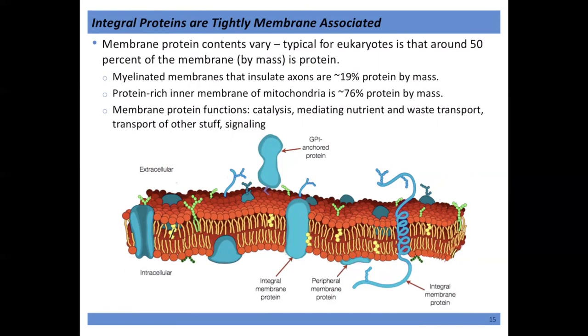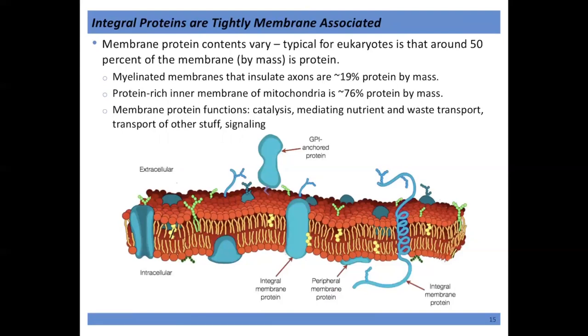But membrane protein content can vary. So typical for eukaryotes is around 50% of the membrane by mass is proteins. So when we start talking about membranes, you really can't just talk about lipids. You actually have to include the discussion of proteins because they make up a significant amount. And I mentioned this, I think, earlier, but myelinated membranes that insulate, they have fewer proteins in there.